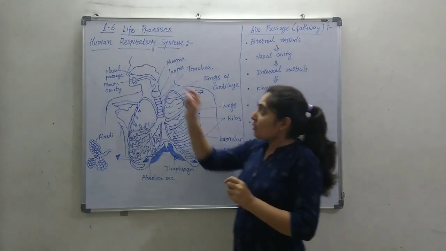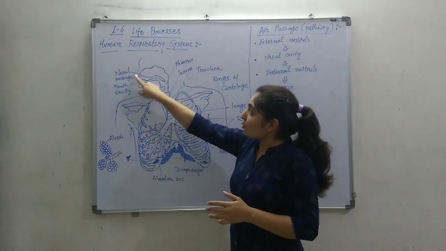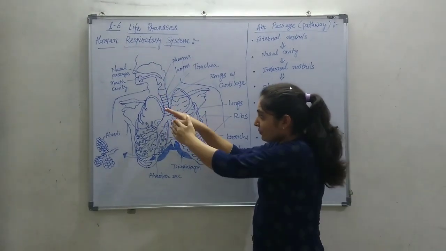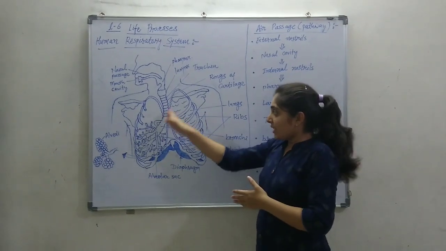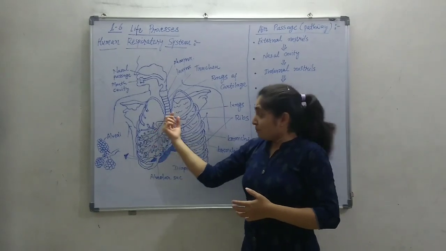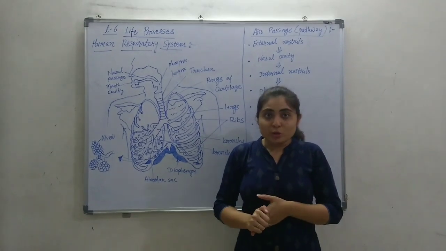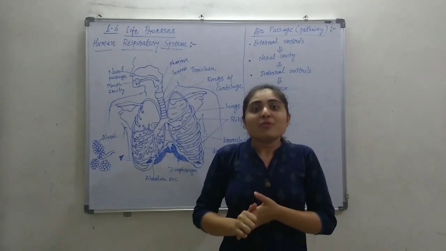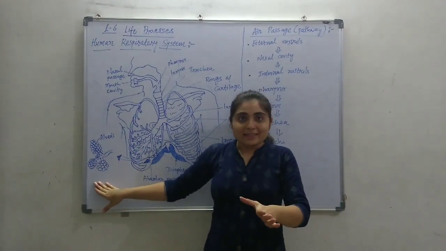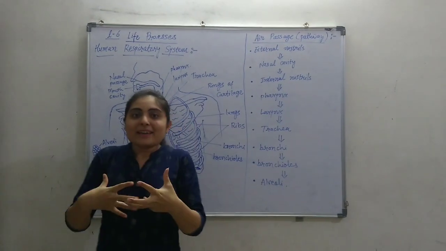Now, as the air enters the body through the nostrils, it passes through the pharynx, larynx, trachea, and the bronchus, and from the bronchus it goes through each and every bronchiole, and ultimately reaches the alveolar sacs. These alveoli are filled as the air enters.